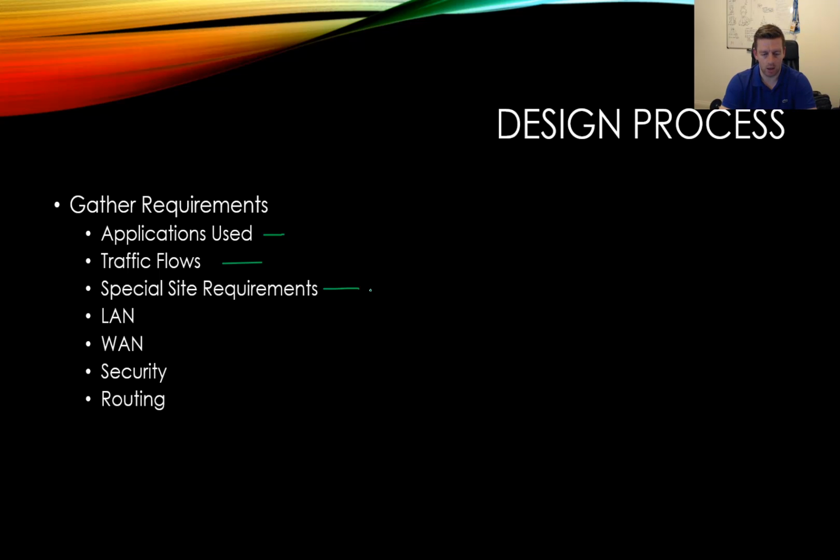You might need to put them in different VRFs, and if you do that on the LAN, you need to think about how that propagates into the WAN. There might be a manufacturing floor at the site, which is a whole different ballgame on its own, and there are a lot of considerations there also.